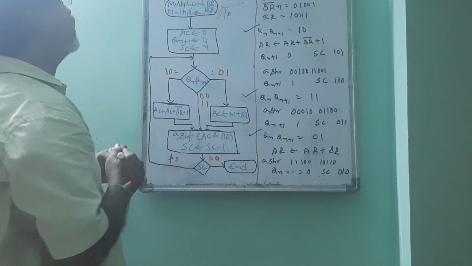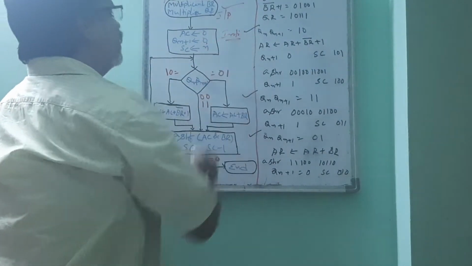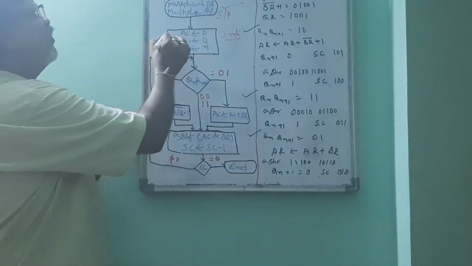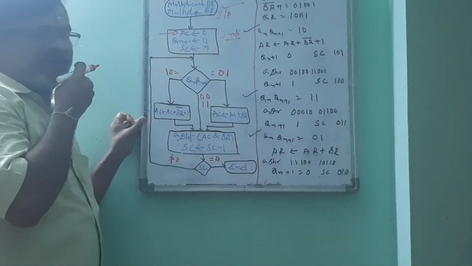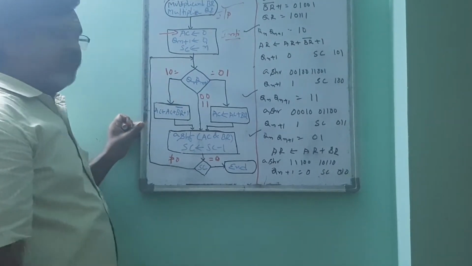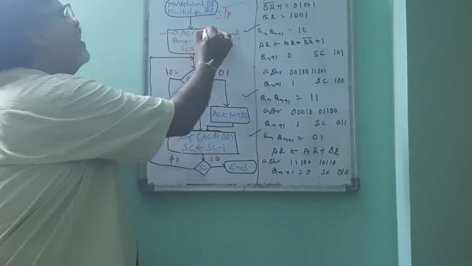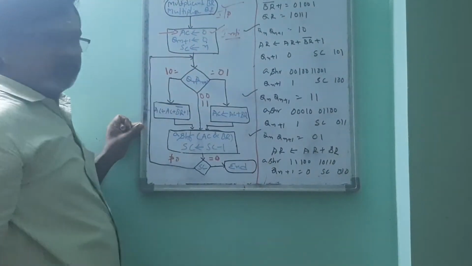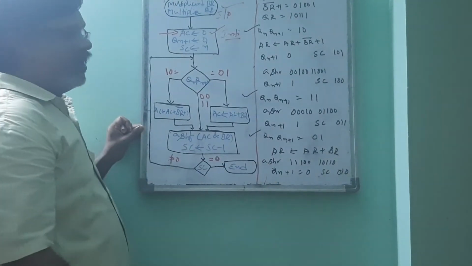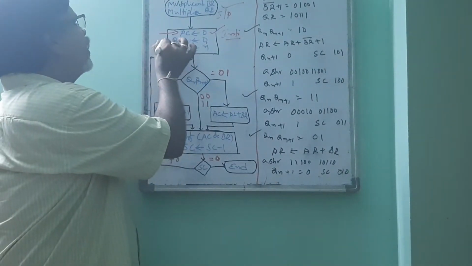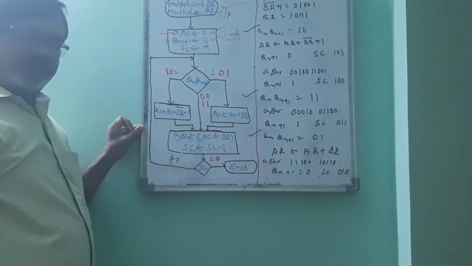The next step is the initialization of variables. The resultant output register AC, generally called the accumulator, is represented as AC in short, and initially it is stored with 0. As I told you in the previous hardware algorithm, Qn plus 1 is also initialized with 0.